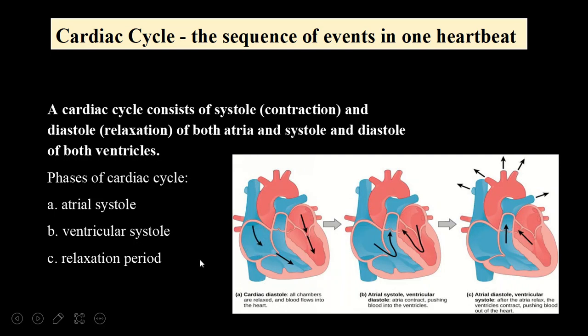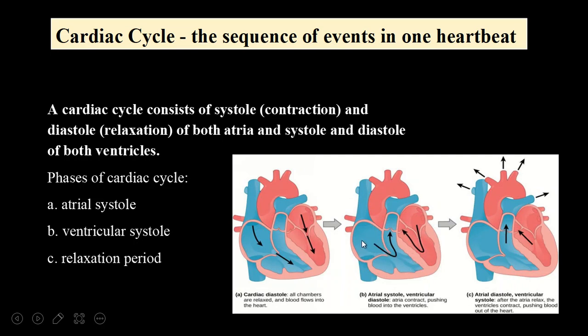So yun, kailan nagfo-flow ang blood sa heart natin? Kapag nag-relax yung heart. And then, second is the atrial systole. It is when magko-contract yung atria natin, and then yung ventricles naman ang magre-relax.